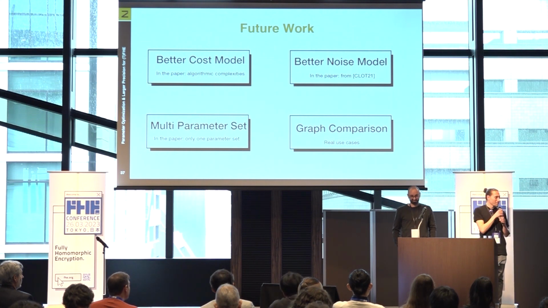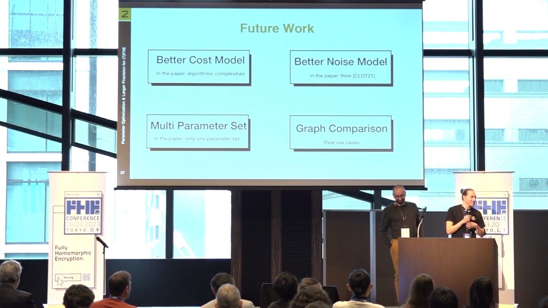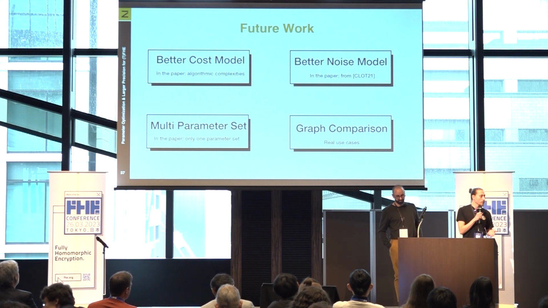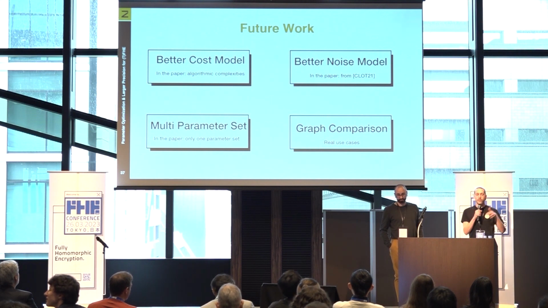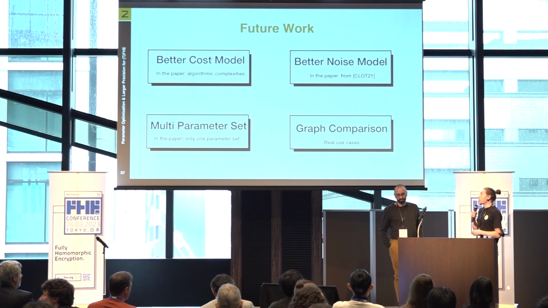It's difficult to say because we have some surprise every time, so I don't really know. With a better cost model, obviously, we will have some nice speed up for free as soon as we have a good cost model fitted on the machine when we do the benchmark. For the noise model, we will not gain much.